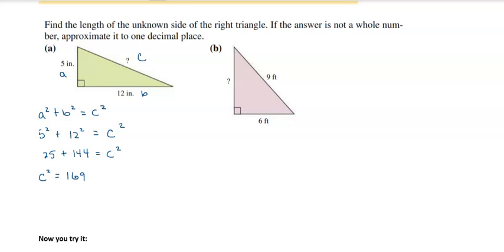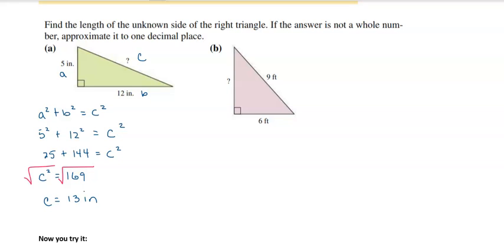I'm going to take the square root of both sides, which is how you solve this problem. So you're going to get C equals, and we've looked at the idea that it's plus or minus, but of course we can't have a negative length of a side, so it's just going to be the positive choice. Inches. So it's just a length. It's not squared. It's just inches because it's a length of a side.